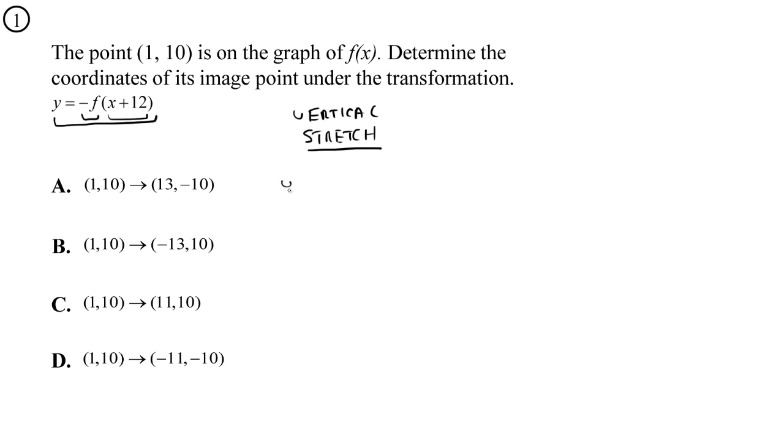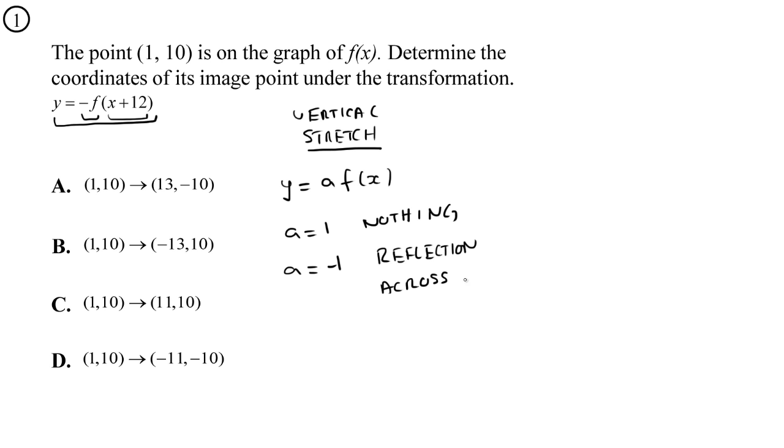So the form for the vertical stretch always looks like y = a times f(x). And if a is equal to 1, nothing happens. It's the same function. But if a is equal to -1, it's going to be a reflection across the x-axis.